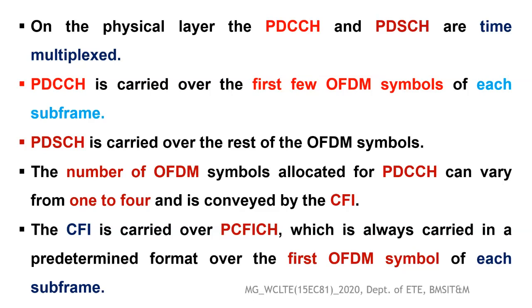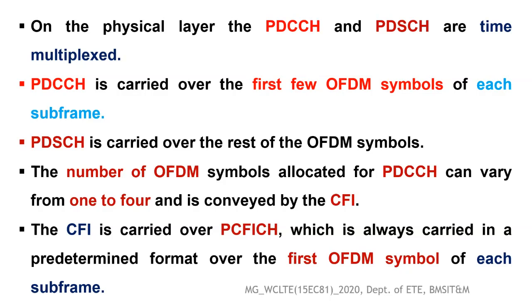The number of OFDM symbols allocated for PDCCH can vary from 1 to 4. That means the number of OFDM symbols allocated for the physical downlink control channel can vary from 1 symbol to a maximum of 4 symbols, and that information will be conveyed by the control format indicator. This control format indicator is carried over the physical control format indicator channel, and this channel is always carried in a predetermined format over the first OFDM symbol of each subframe.